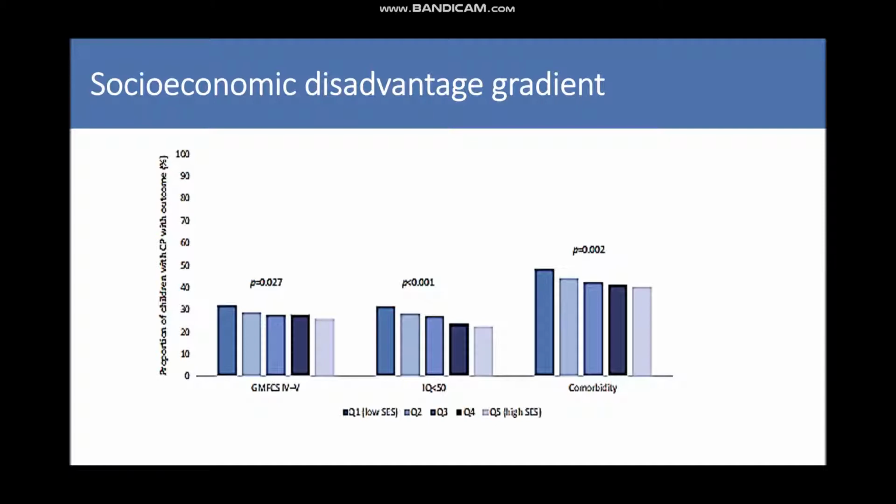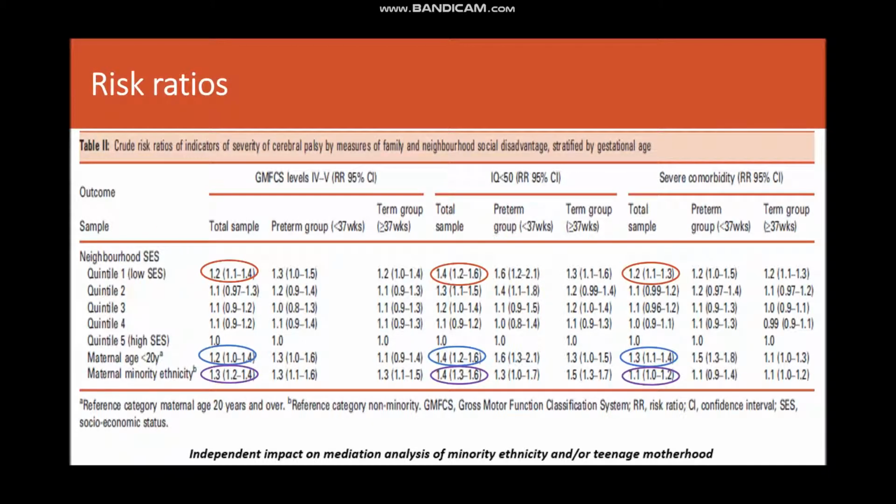In other words, the more likely the child lives in a low-socioeconomic neighbourhood, the more likely they are to have a severe CP outcome.